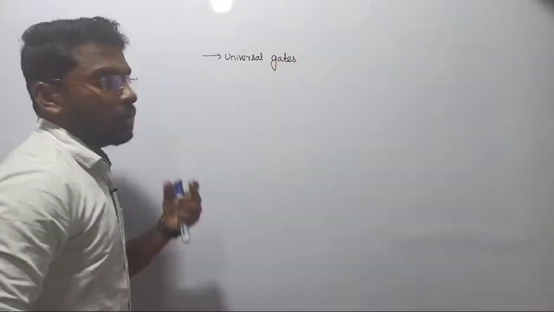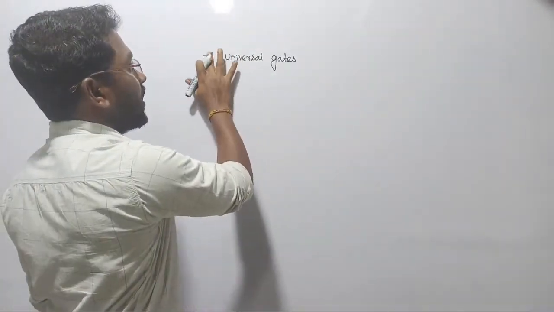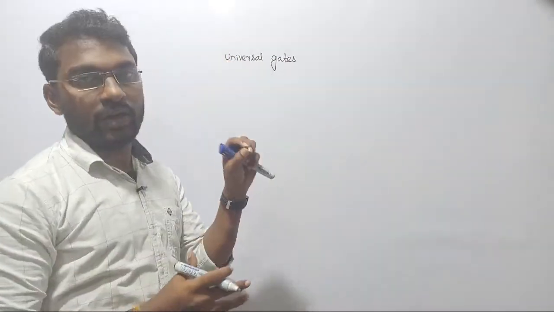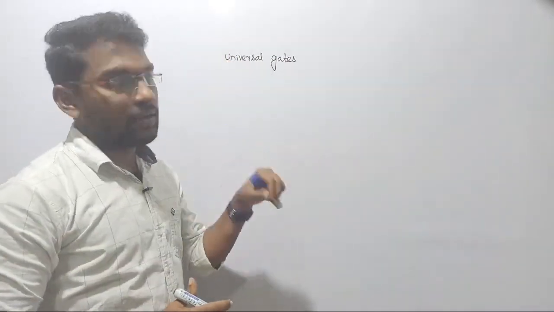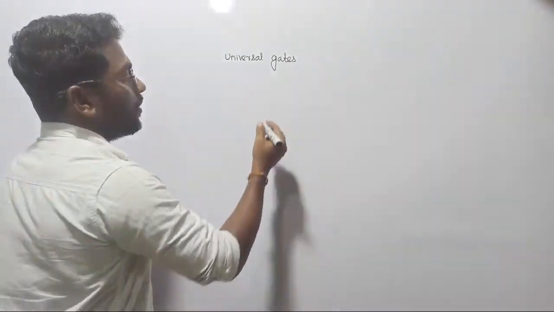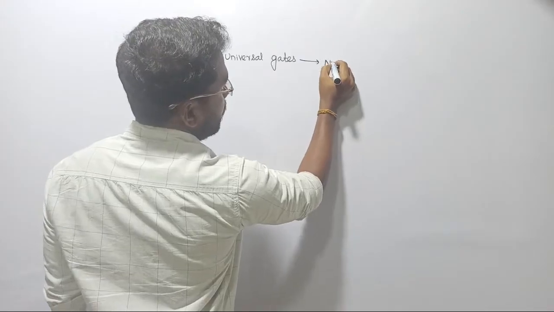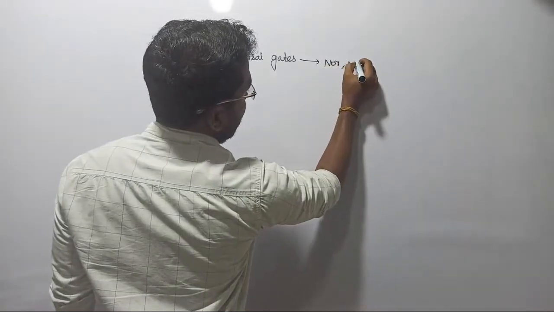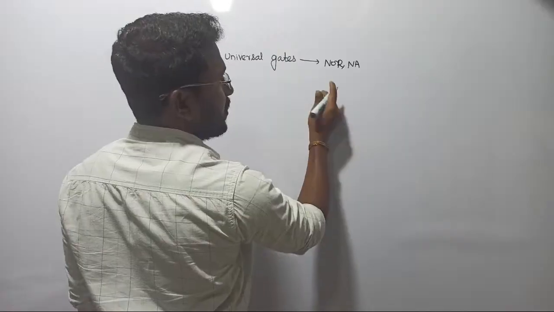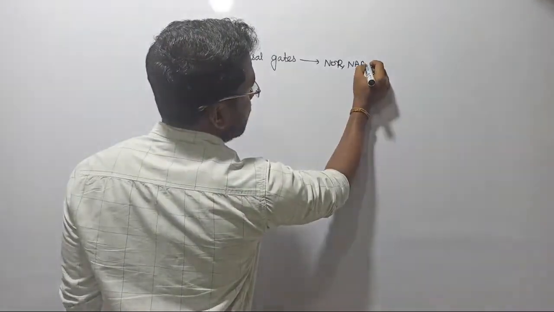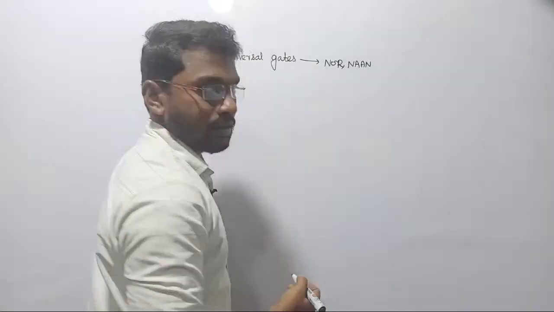Because with the help of universal gates we can design whichever desired output that you want. Universal gates in the sense, there are two gates, one is our NOR gate and another one is our NAND gate, right? So either you can design a circuit with the help of NOR or you can design your circuit with the help of NAND gate, right?